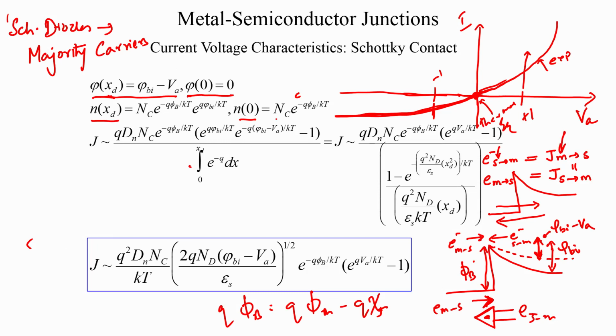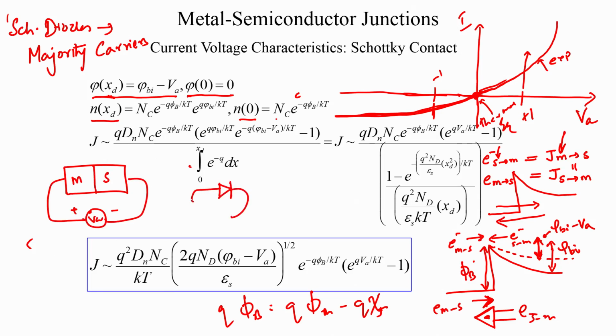So, if you want to think of this Schottky junction, you have a metal semiconductor contact, that is your positive, that is your negative, it is as though we have a diode. So, that is a symbol for a diode, and it has got this rectifying or a diode like nature.